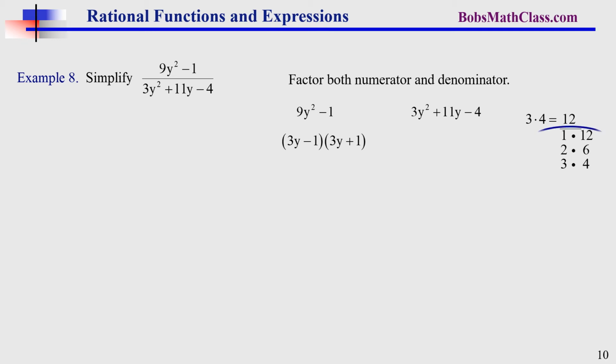Right, the 1 and 12. And then what signs are we going to use for the 11? We want to use a positive 12 and a negative 1. Yeah, that'll give you a positive 11. Okay, so rewrite the terms. Now factor out a y from the first pair and a 4 from the second pair. So we should have 3y minus 1 times y plus 4.